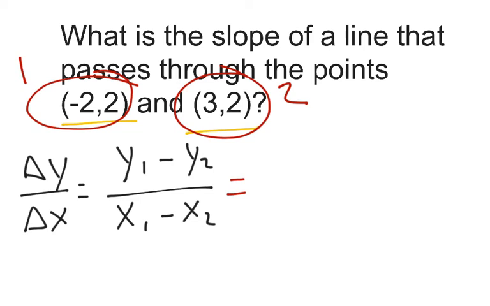So let's start with our y's. I'm going to circle those in yellow. My two y's are 2 and 2. So notice that we have the change in y first.